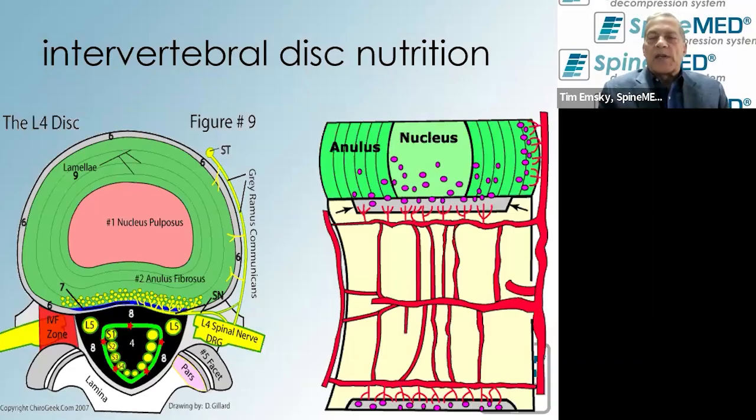And so the replenishment aspect is when we get our perfect rest, our 8, 10, 12 hours of rest every night. Under ideal circumstances, the difference in pressure between the internal aspect of the disc and the surrounding bodies is only 5 millimeters of mercury. It's very, very slight. And about 70% of that nutritional transfer occurs across the end plates of the disc into the disc nucleus. And as I say, that's under ideal circumstances.